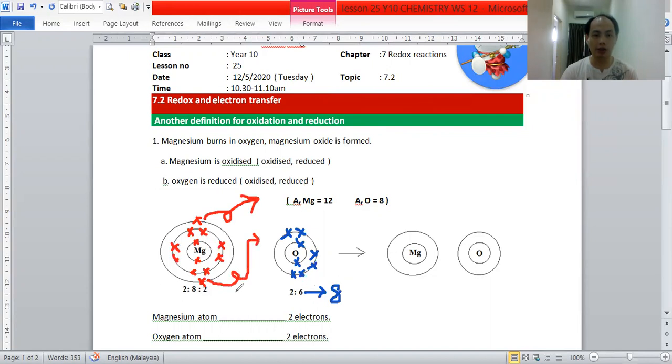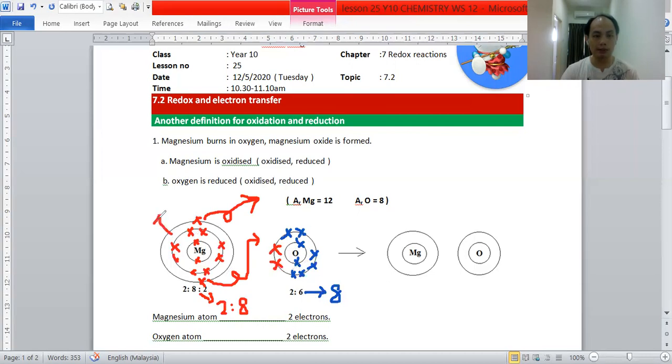So magnesium 2, 8, 2 becomes 2, 8 after giving up 2 electrons. So 2, 8 is stable. Oxygen 2, 6 is not stable, so 2, 8 will be more stable. So oxygen will receive 2 electrons from the magnesium to become stable.